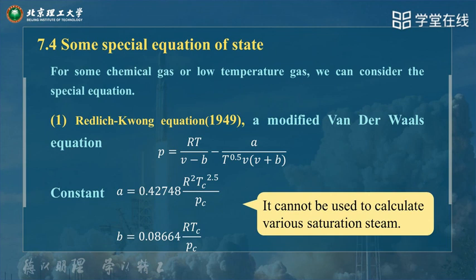The first famous equation is the Redlich-Kwong equation, very famous. It is a modified Van der Waals equation. P equals RT over V minus B is the first term. The second term is minus A over T power 0.5 times V times V plus B. It is a very good equation for chemical gas.